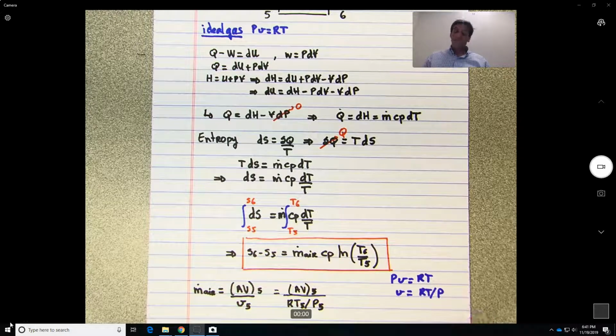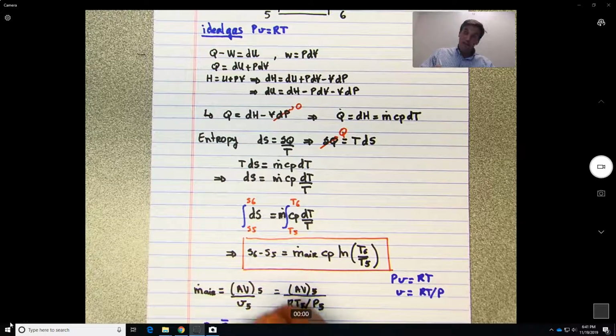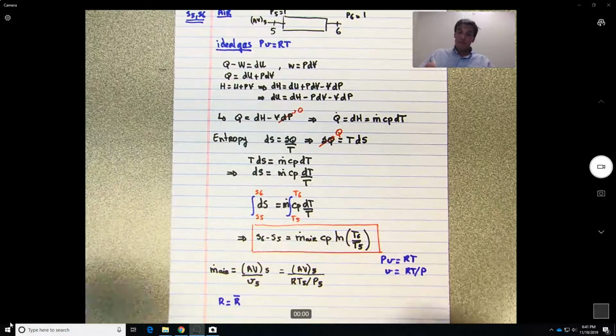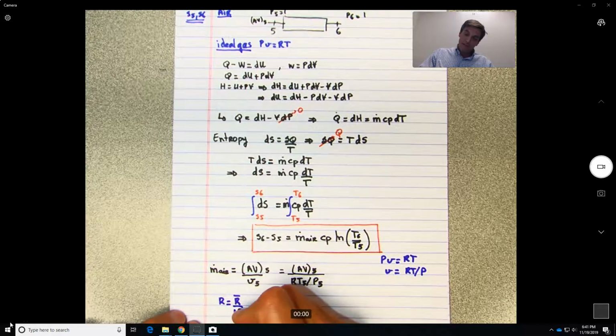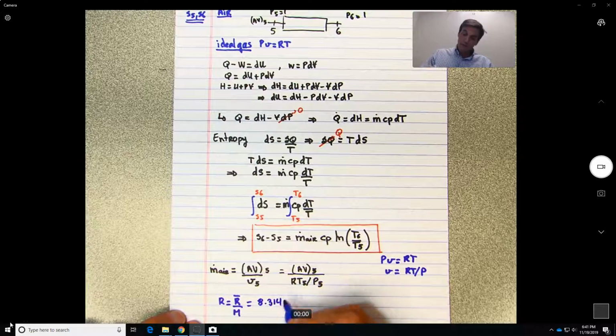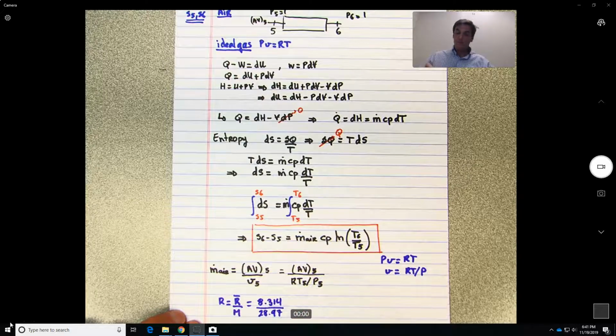Okay, so let's see what is R over here. So R in this equation is the universal gas constant divided by the molar mass. So this will be equal to 8.314, and the molar mass of air is 28.97.